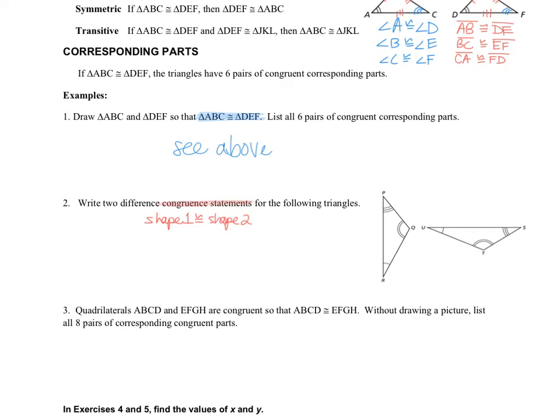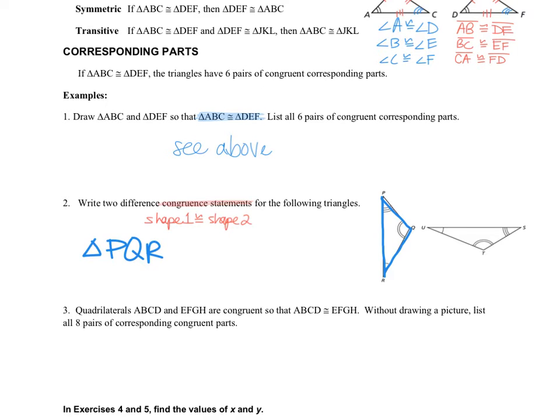These 2 triangles are congruent. If I name the first one triangle PQR, so that's this guy, the order matters. You've got to make sure that it goes in the same corresponding order.